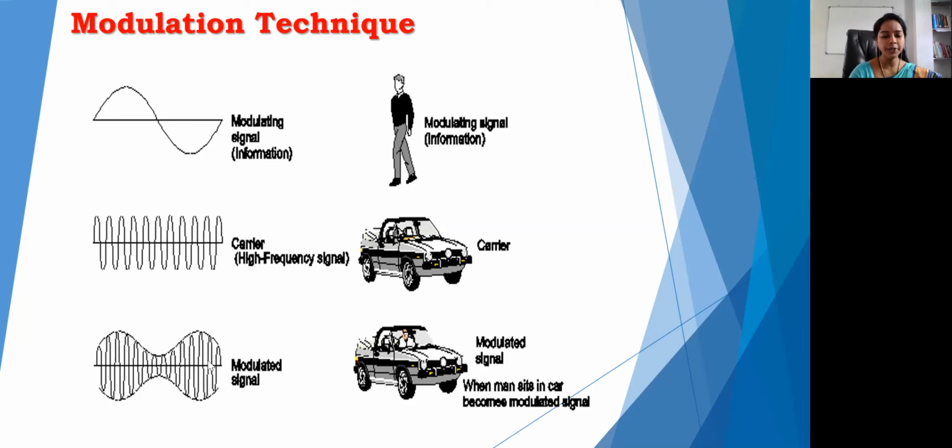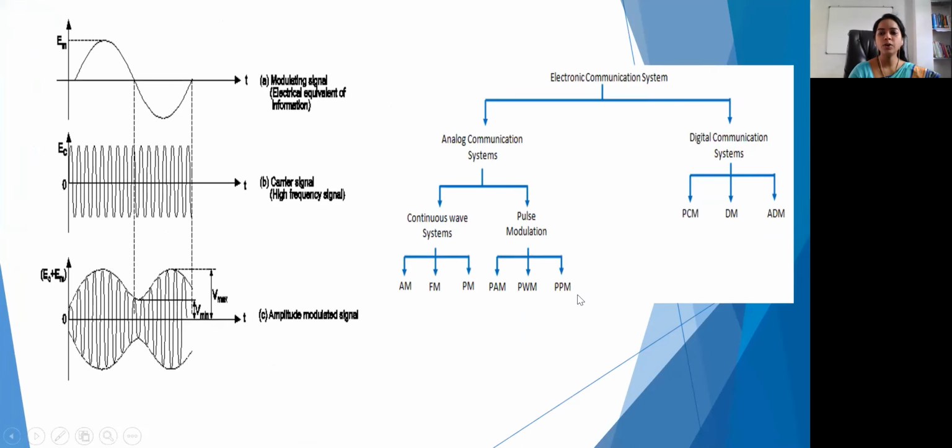Modulation, you all are getting the points? Okay, so what is this signal called? Modulated signal. Okay, so when ये example clear हो गया, this is the man, this is the carrier. If he takes the vehicle and is carried a long distance, it will be called a modulated signal.